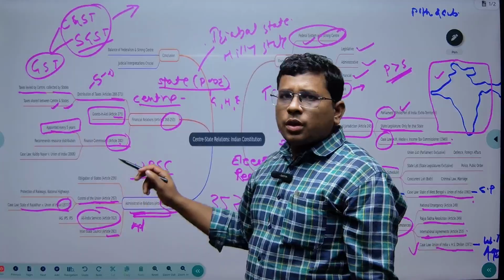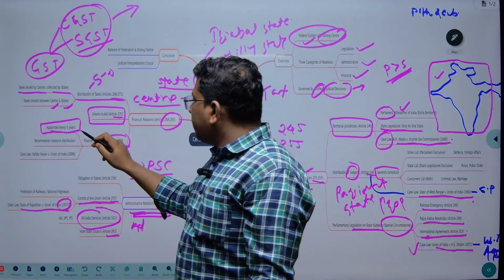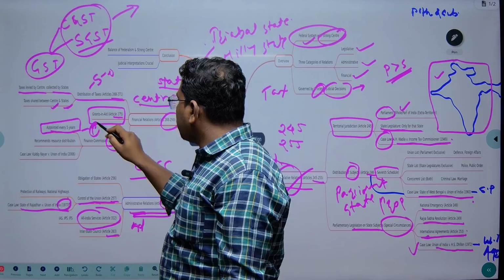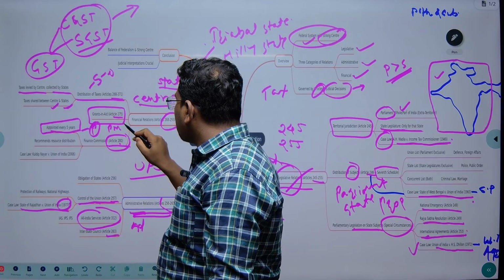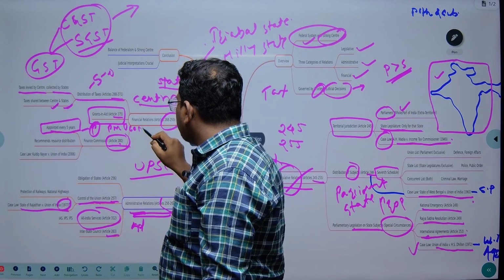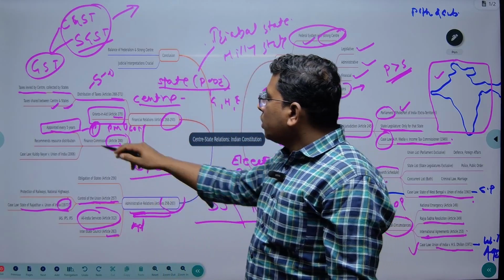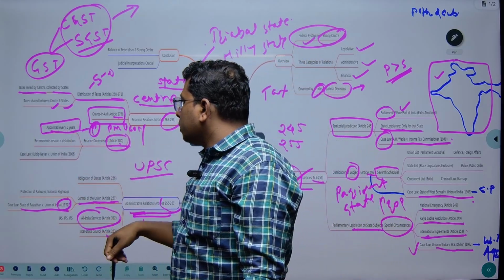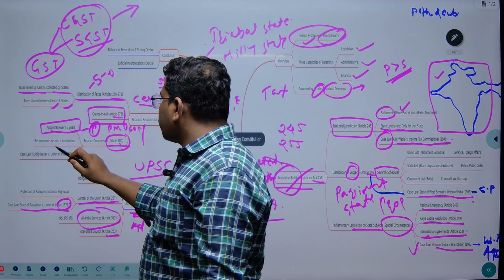It is appointed by the President on the recommendation of the Prime Minister and Council of Ministers for every 5 years. Then it recommends the resource distribution.